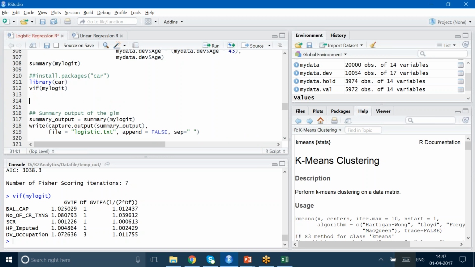Is this model stable? How do you ensure that this model which you have built on a development sample, and the betas that you have got, are really going to hold in unknown, unseen data?